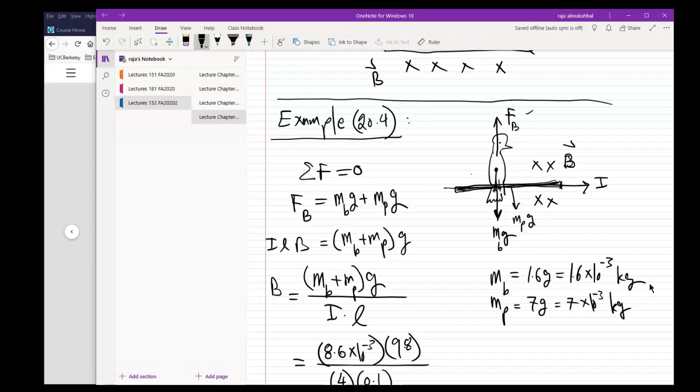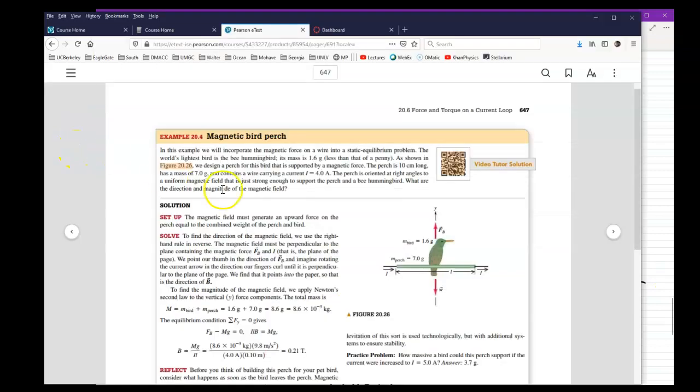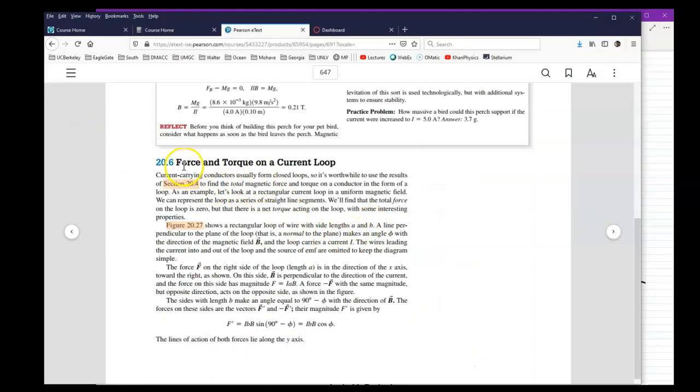Oh, by the way, the next section, 20.6, let me show it to you very quickly. There it is, force and torque. We're going to skip that, okay? So please skip force and torque on the current loop. I don't cover it. The next section, the magnetic field of a long wire, Ampere's law, which is section 20.7, is of course a requirement, and we will be talking about it, and the rest of the chapter, in the next video, okay?